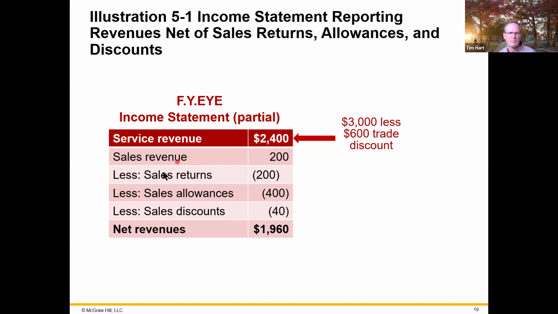Recognizing the sales returns, 200, sales allowances, 400, sales discounts, $40. This is totaling for that service revenue. Okay, so all these are contra accounts that reduce the revenue, reducing the overall revenue count.